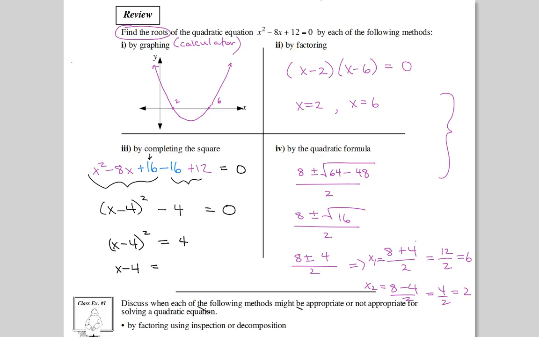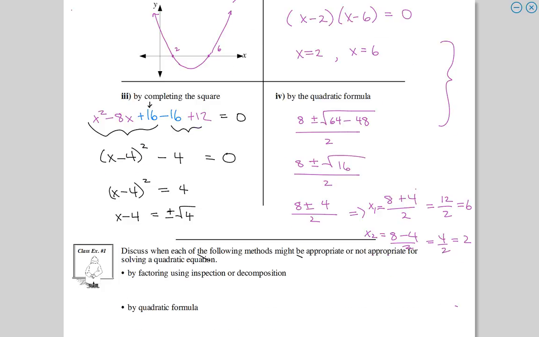Square root both sides, and then you get x equals plus or minus 2 plus 4. So the two answers would be positive 2, positive 4 gives positive 6, and negative 2, positive 4 gives positive 2, just like we expected.